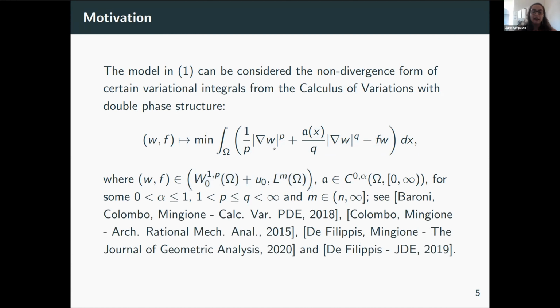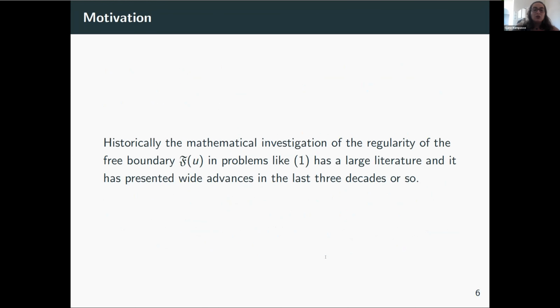For problems like this, we can see the works of Baroni, Colombo, Mingione in 2015, Colombo, Mingione in 2015, De Filippis, Mingione in 2020, and De Filippis in 2019. Historically, the mathematical investigation of the regularity of the free boundary in problems like this has a large literature.